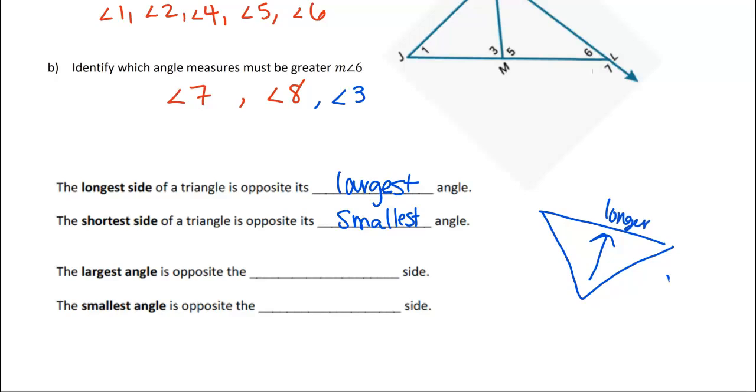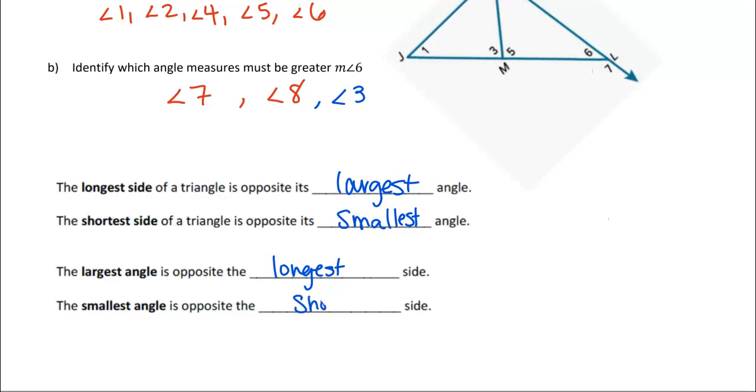And when it's a small, teeny tiny angle, it's a small side that's across from it. So angles and sides have a relationship to each other. So of course the largest angle is going to be opposite the longest side. The smallest angle across from the shortest side.